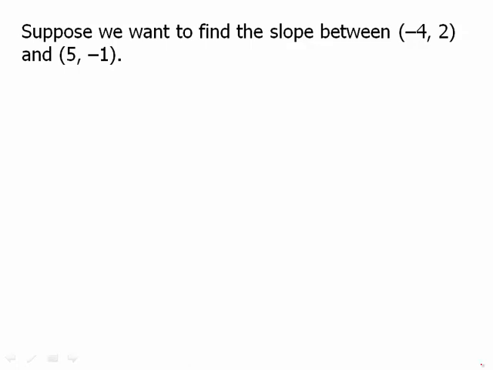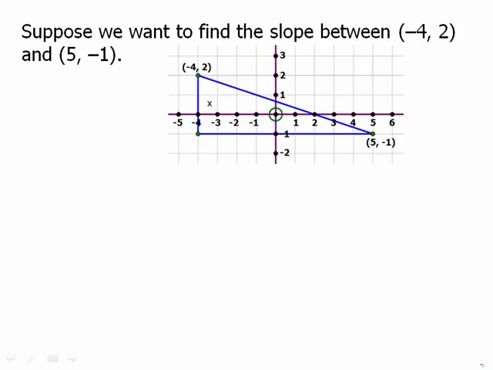Suppose we want to find the slope between (-4, 2) and (5, -1). So we draw or imagine this slope triangle, and notice that the vertical leg is 3, and in fact, since it's higher on the left, it's going to be a drop.